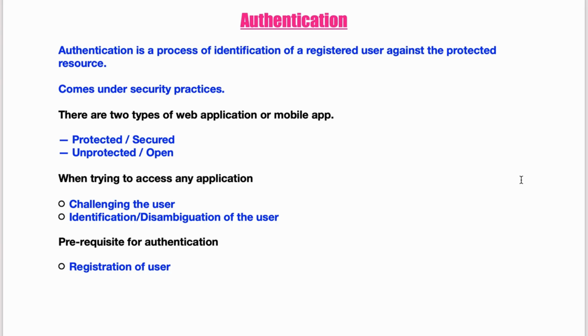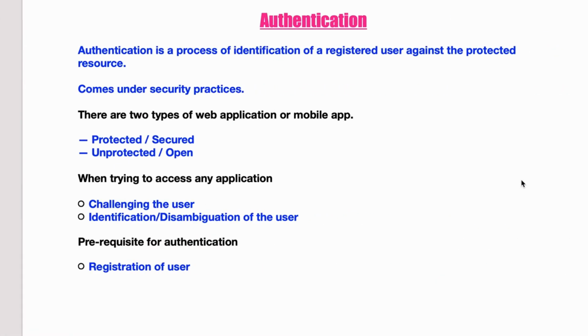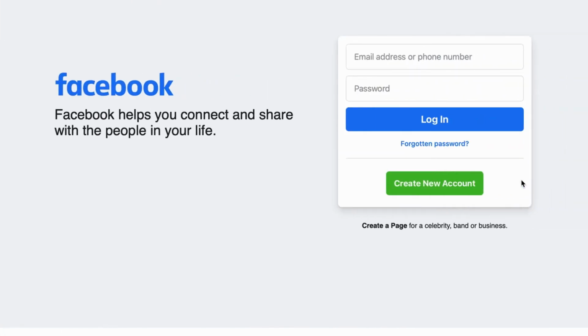So when you try to access any protected application, in this case let's go for Facebook. If you try to access Facebook, it will ask you for an email ID or phone number and the password. So this data needs to already be there in Facebook in order to get you authenticated, so basically in order to identify you to Facebook.